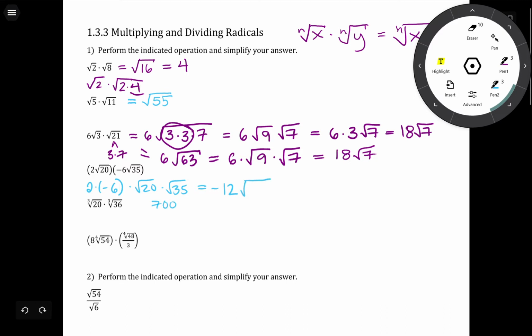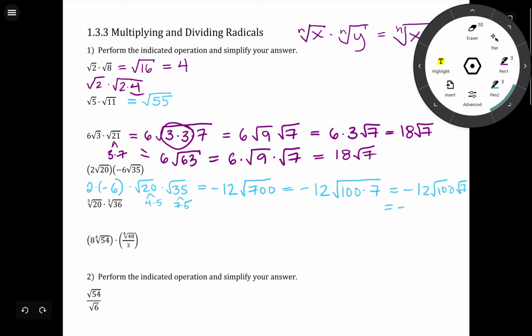Or you could say, kind of looking in advance, this is 4 times 5, and this is 7 times 5. You could separate off those two 5s. So we'll go through 700 again, doesn't sound so bad. Every once in a while you get something that's a little hard to spot. I like 700 because I know that 100 is a factor of 700, and I know that 100 is a perfect square.